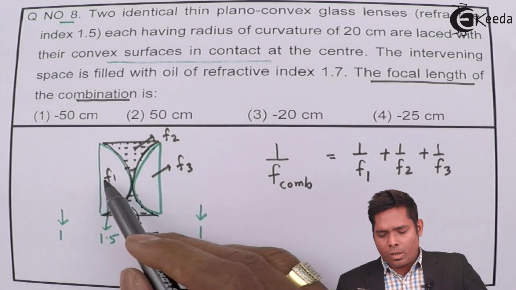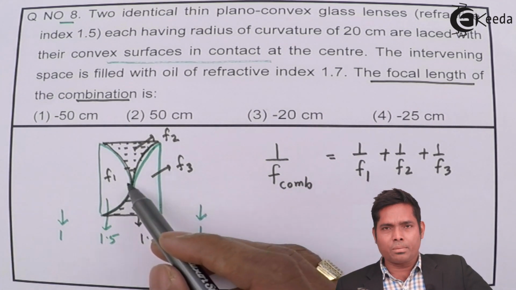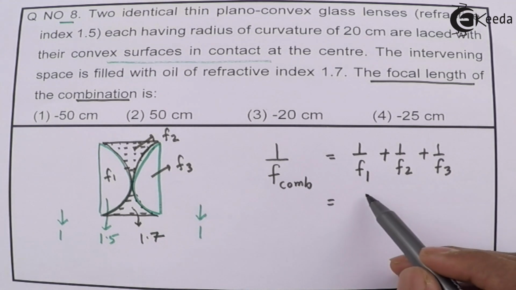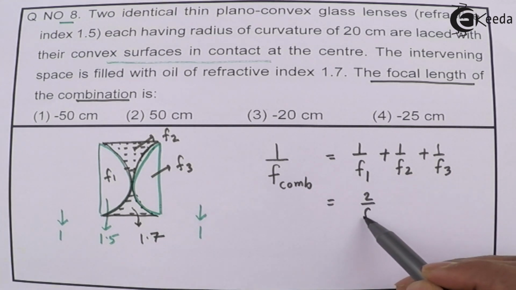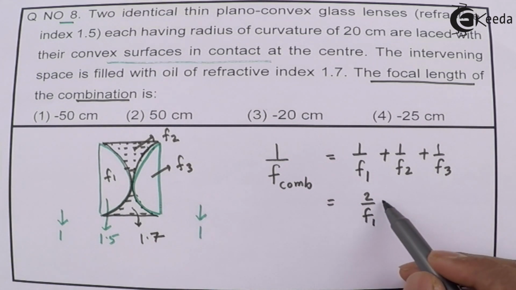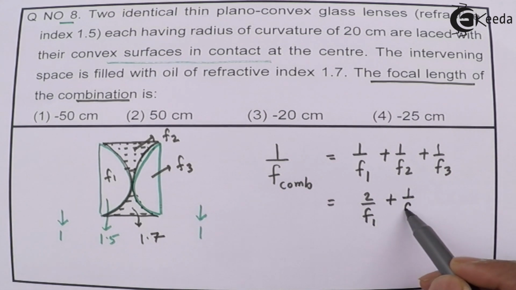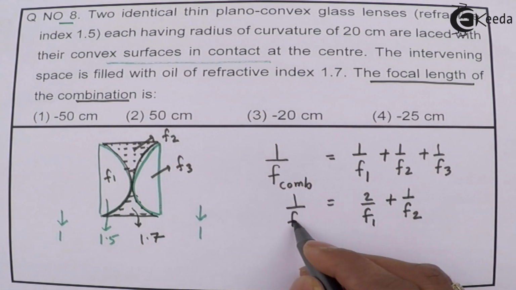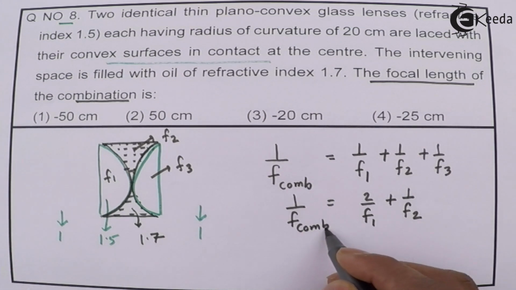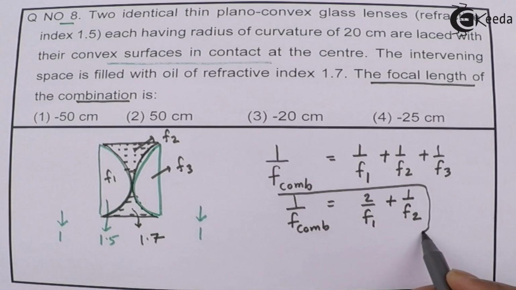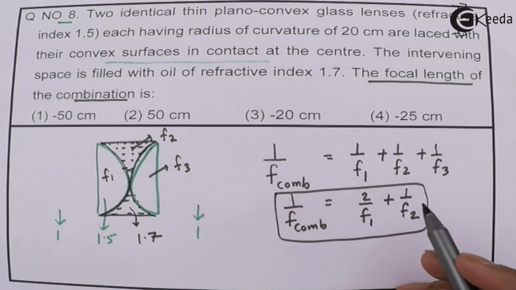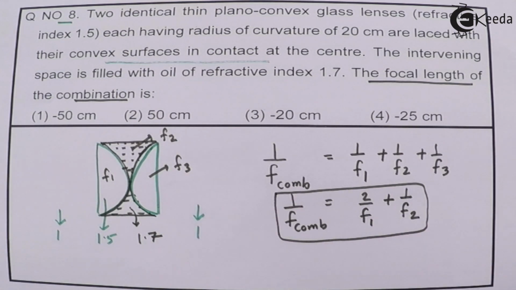In fact, f1 and f2 are identical, so they have same focal length. So I can write 2 divided by focal length of the lenses plus 1 divided by focal length of the concave lens. So this is the formula we have reached, and we have to find these values, put these values and solve it to get the answer.